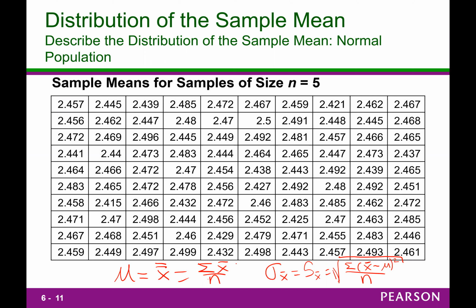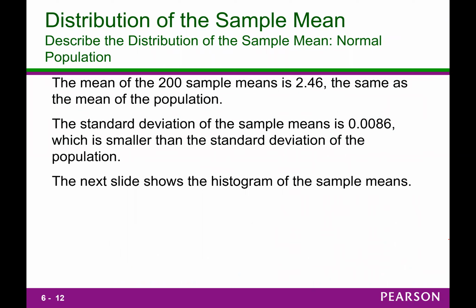When we compute this formula and this formula for all of these 200 samples mean, we obtain that the mean of all 200 samples mean is 2.46, which is the same as the mean of the population. And the standard deviation of the samples mean is 0.0086, which is smaller than the standard deviation of the population.